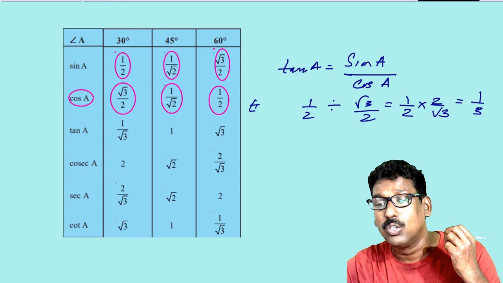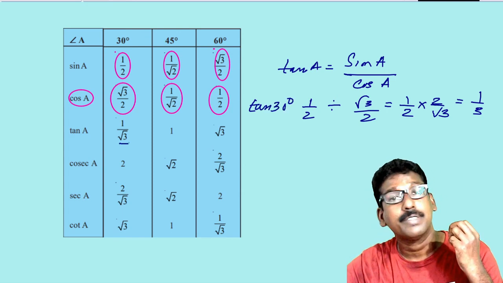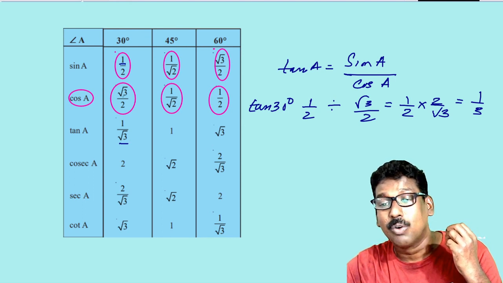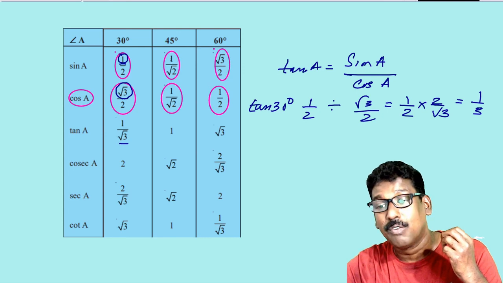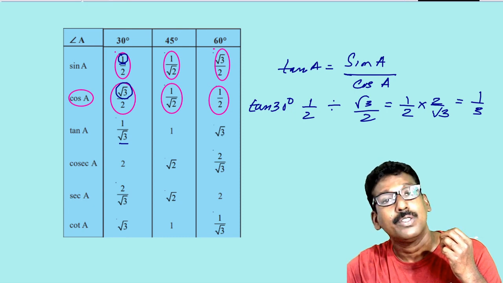This is the value of tan 30 degrees. Otherwise, you take the denominators only. Here it is 1, here it is root 3. So tan 30 is 1 by root 3. Similarly, for 45, 1 by 1, which is 1. And for 60, root 3 by 1, which is root 3.